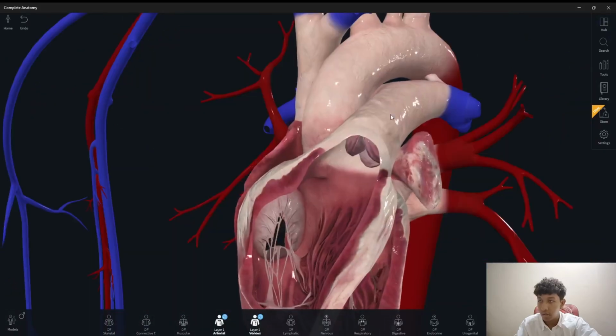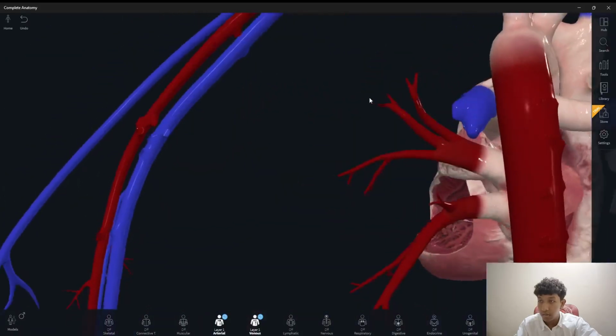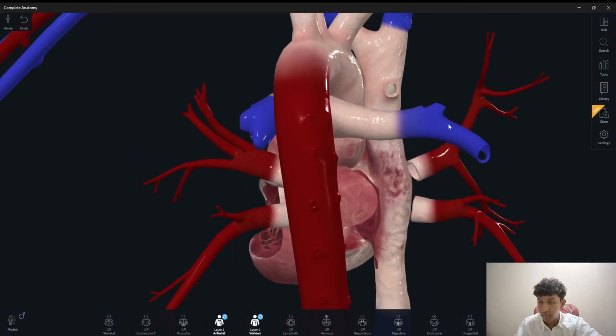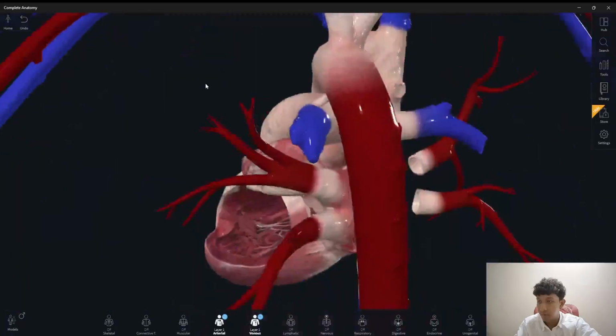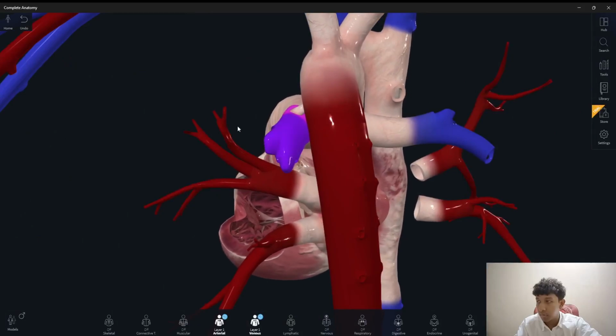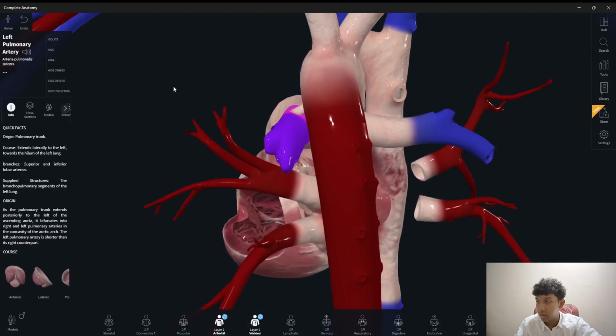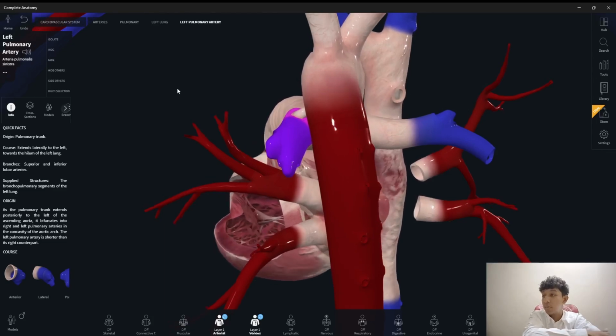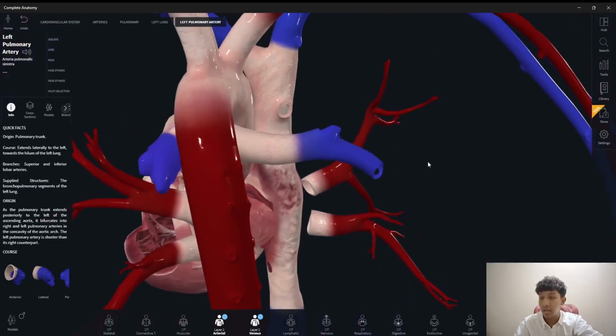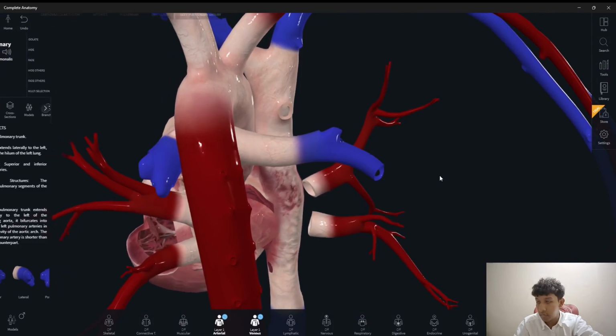So the blood goes through this side of the pulmonary artery, into the sinistra pulmonary artery and the dextra pulmonary artery.